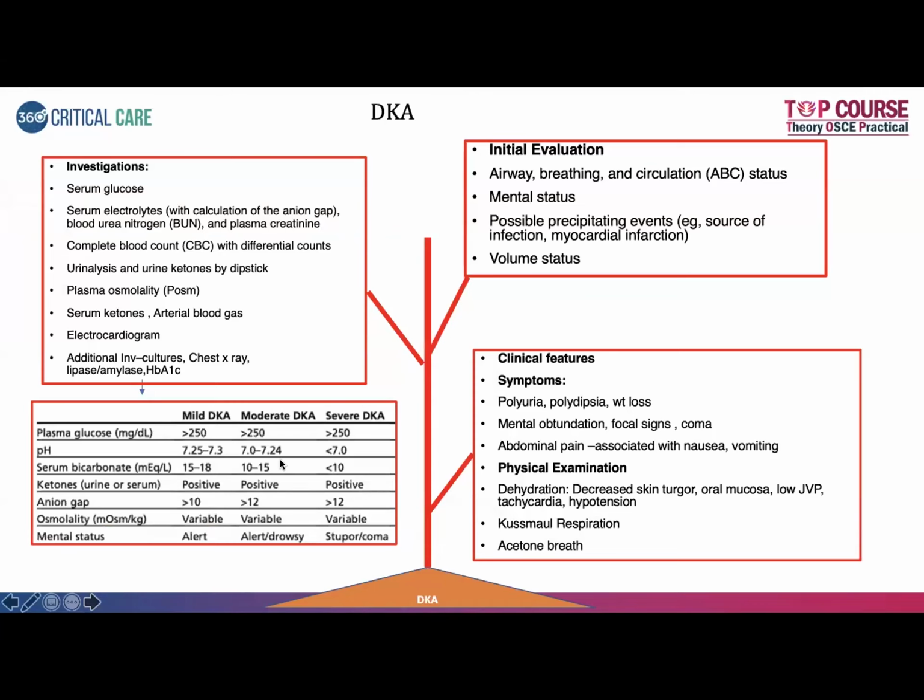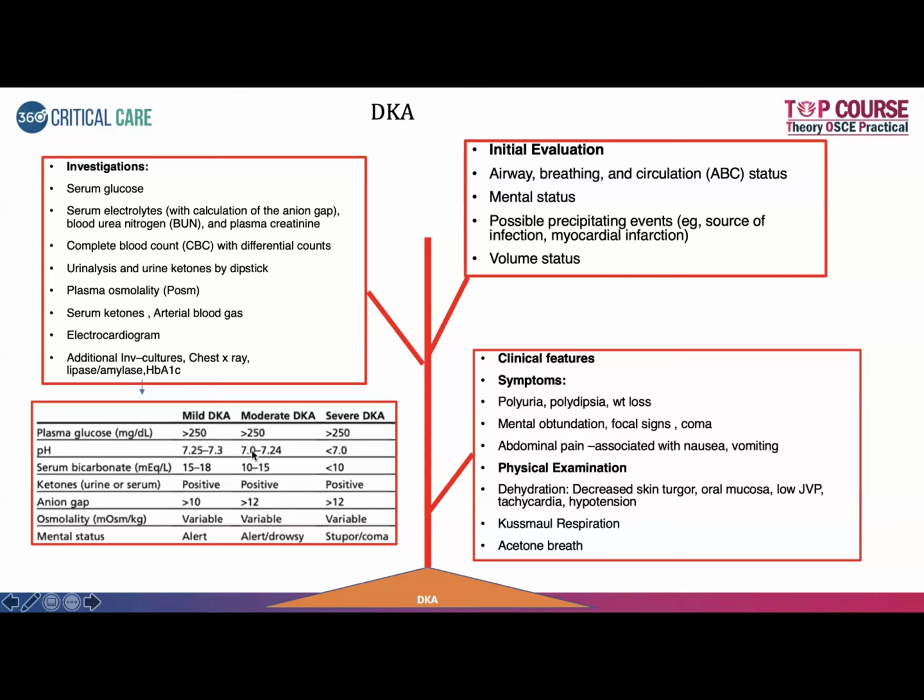First, categorization of DKA: mild, moderate, and severe. This is based on the pH, bicarbonate, anion gap. Usually if the pH is between 7.25 to 7.3, bicarbonate between 15 to 18, and the anion gap is more than 10, it is classified as mild DKA, wherein the patient is alert.